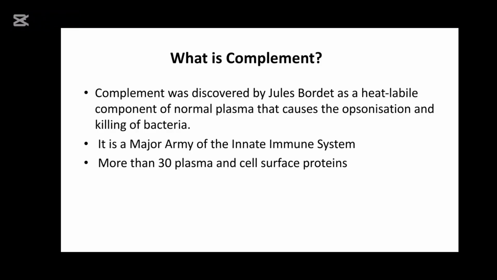And killing of bacteria is basically using other mechanisms to kill bacteria. So it is a major arm of the innate immune system. You should take note that complement is part of the innate immune system. It comprises more than 30 plasma and cell surface proteins.